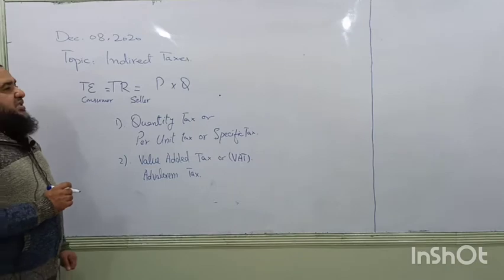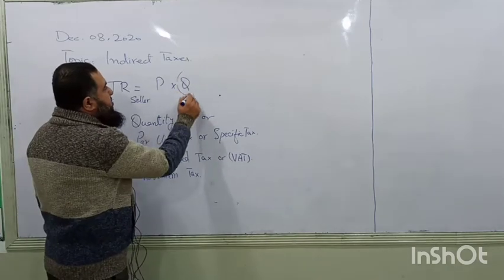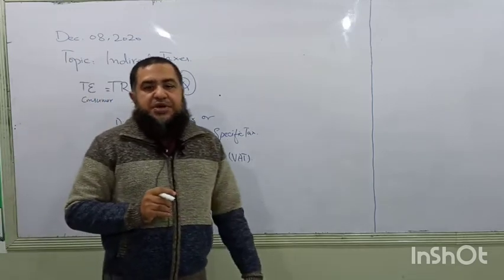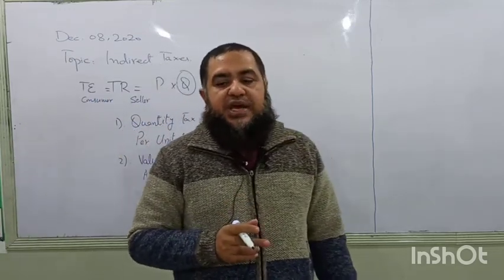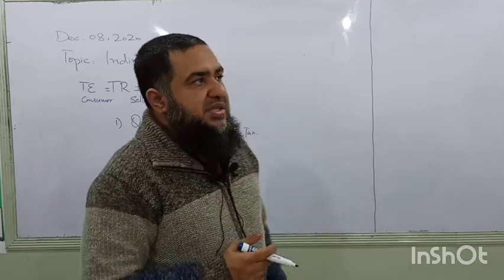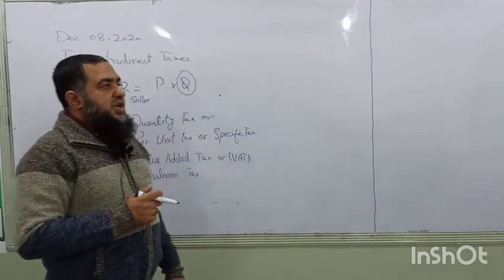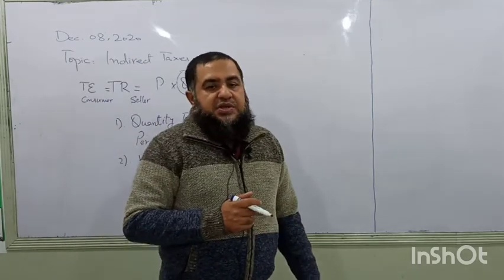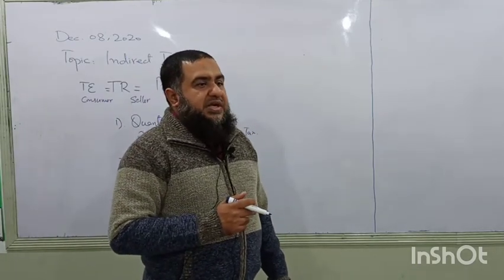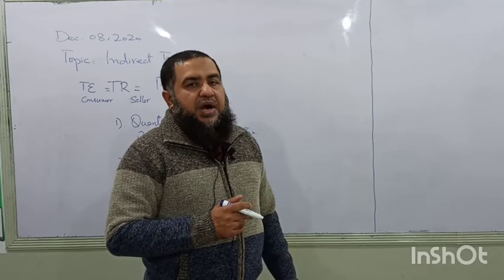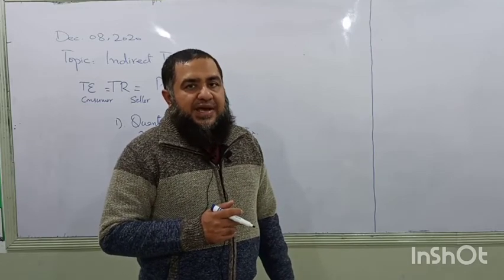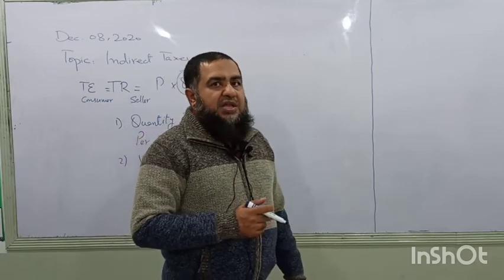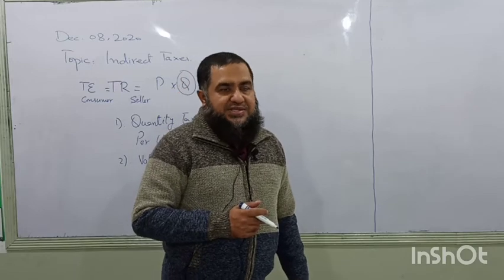When this tax is imposed on the quantity produced, then we say it is a per unit tax or quantity tax, which is imposed on the production of a good having demerit characteristics, like it is harmful to the consumers, but consumers do not realize the harmful effects by themselves. So a third party will be playing the role of value judgment in that case.